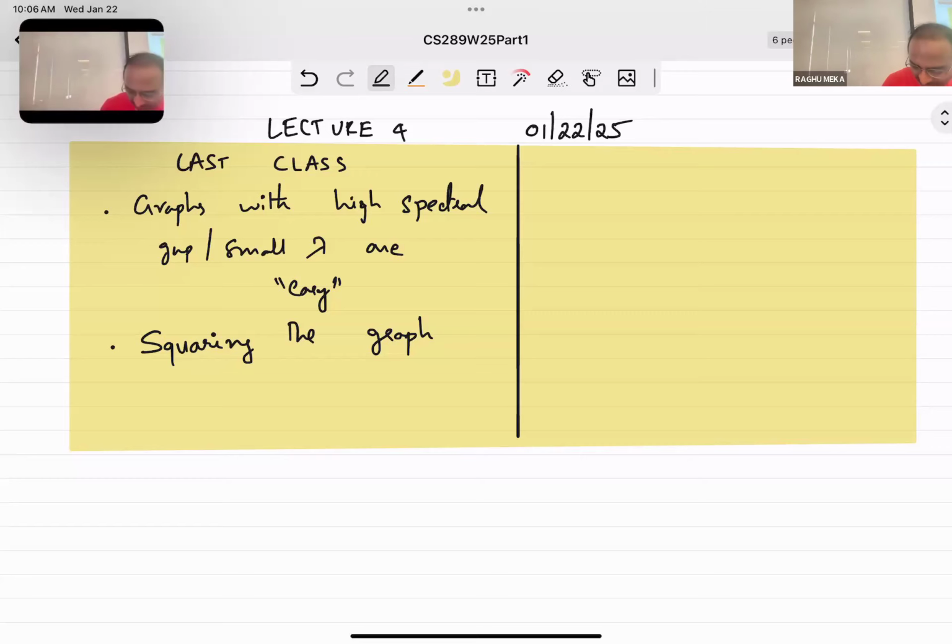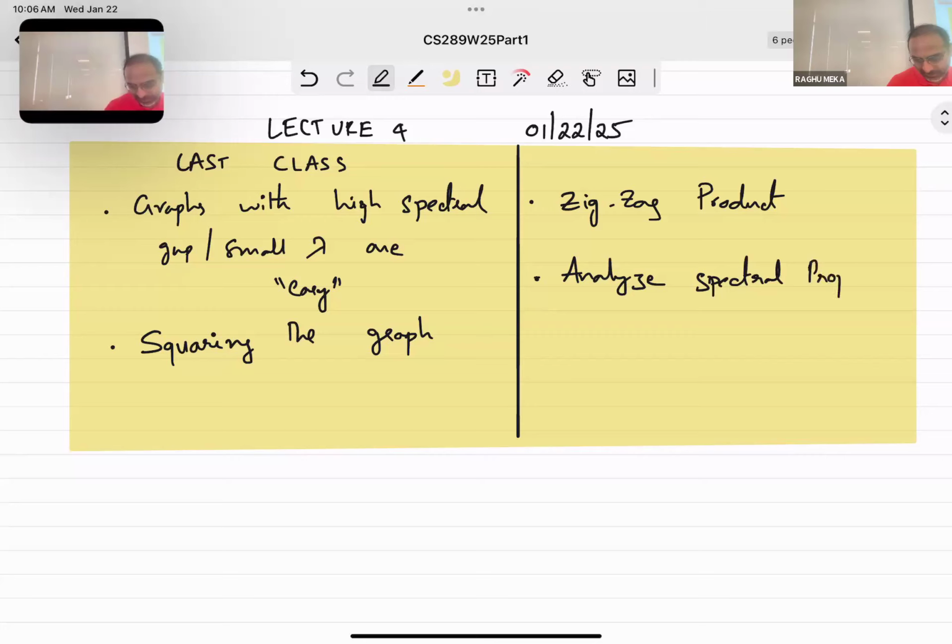And today is when we are going to really look at this beautiful and highly impactful idea called zigzag product, okay? And then we will analyze spectral properties of this.